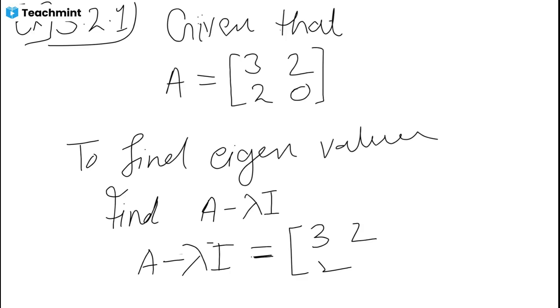So splitting the middle term, this 3 lambda means lambda square minus 4 lambda plus lambda minus 4 is equal to 0.